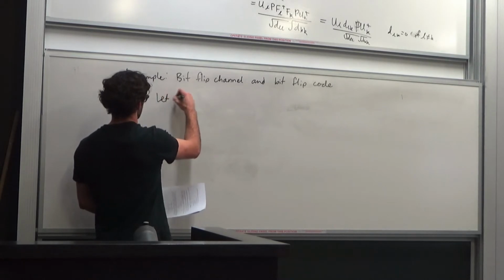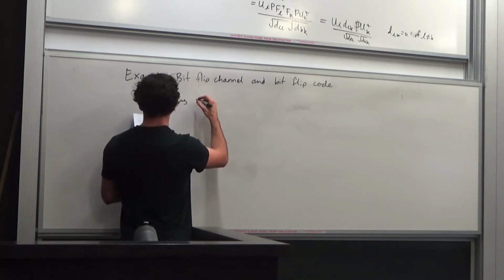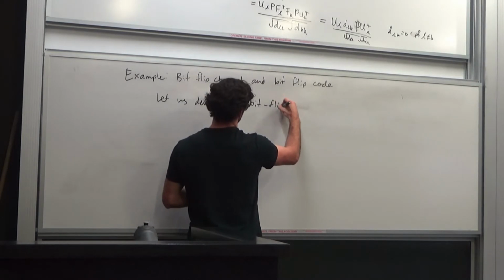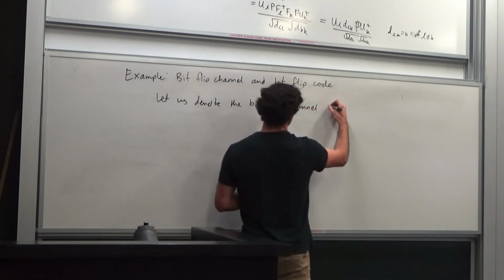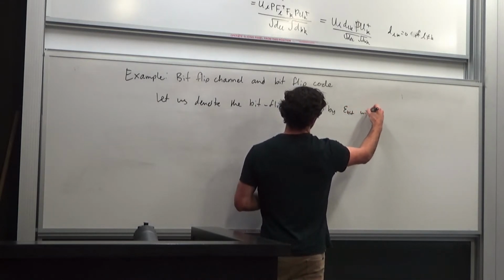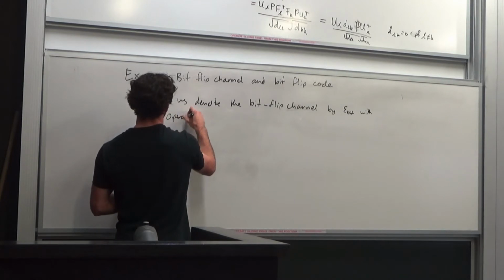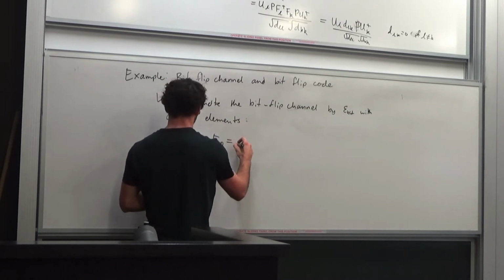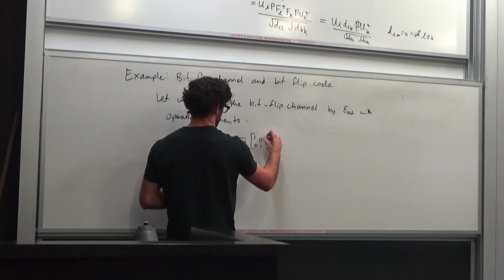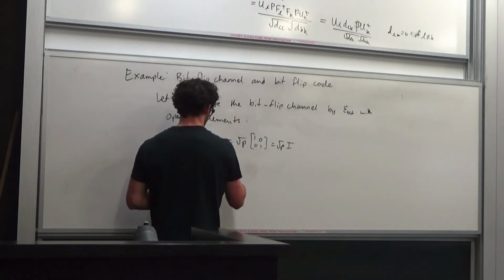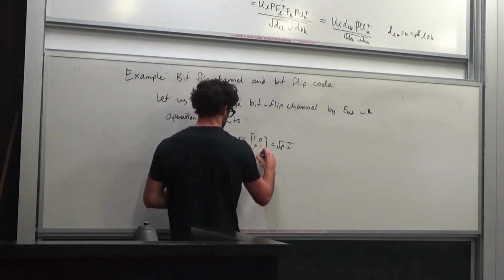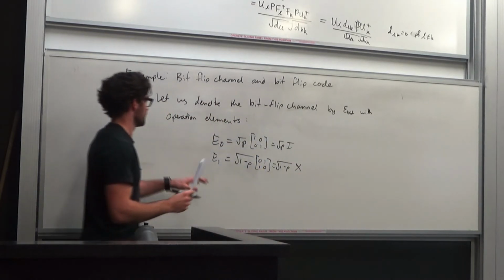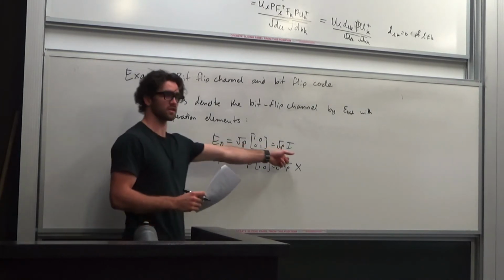All right, so let us denote the bit flip channel as follows. So with probability P, it doesn't do anything to the state.